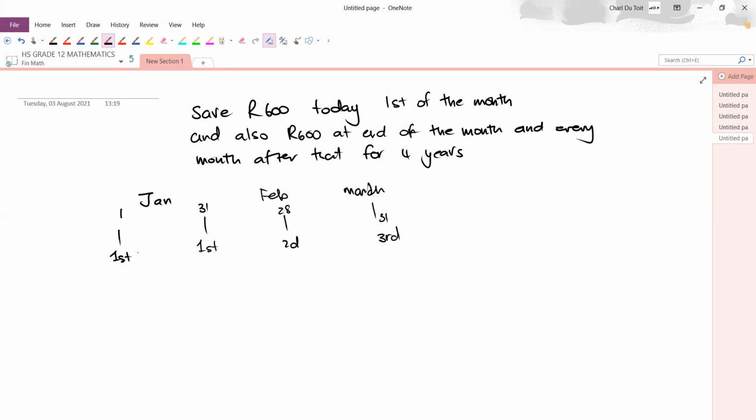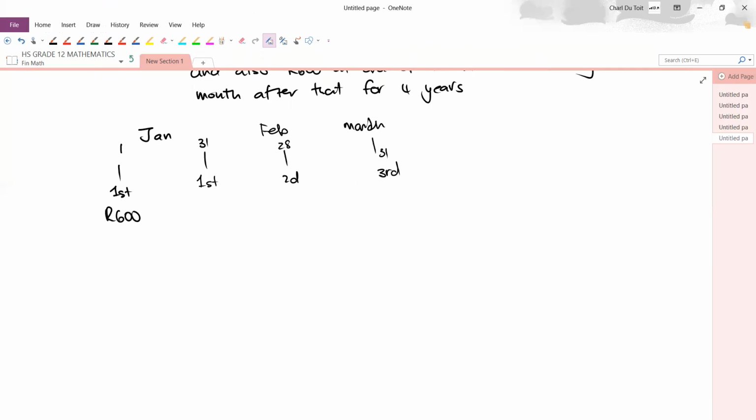So it's exactly the same as a normal annuity, except there's a certain amount right at the beginning that has an extra month of interest added to it. This 600 Rand here will accumulate interest right through. So you can do it the following way. There's my future value, X. I'm just going to write the formula down with n minus 1 over i.